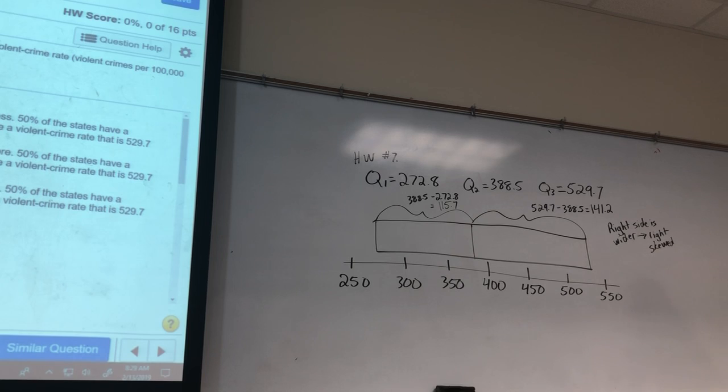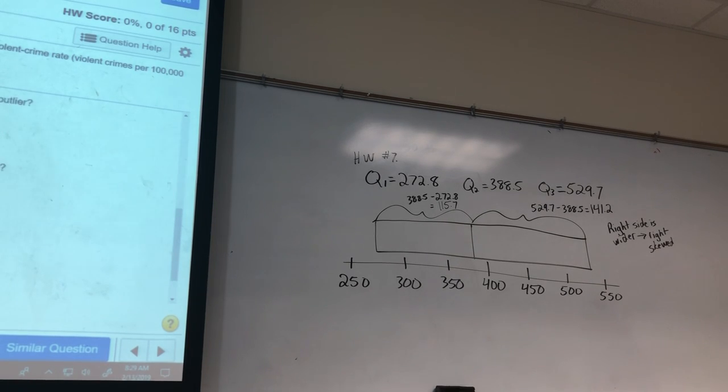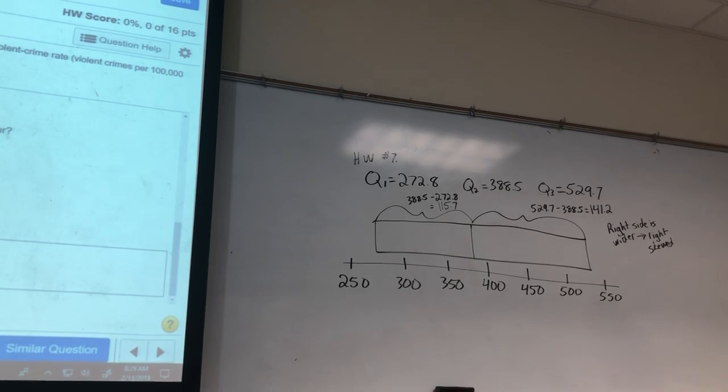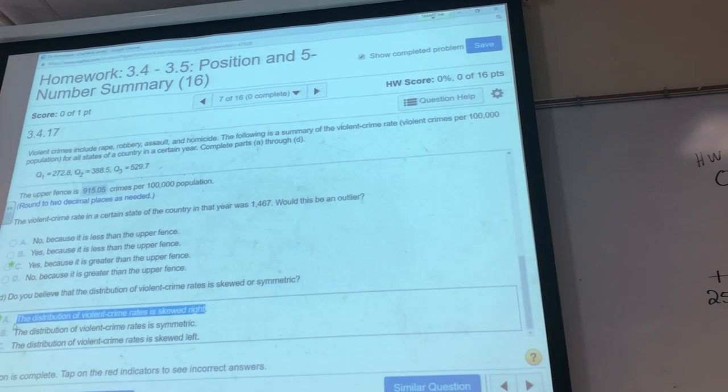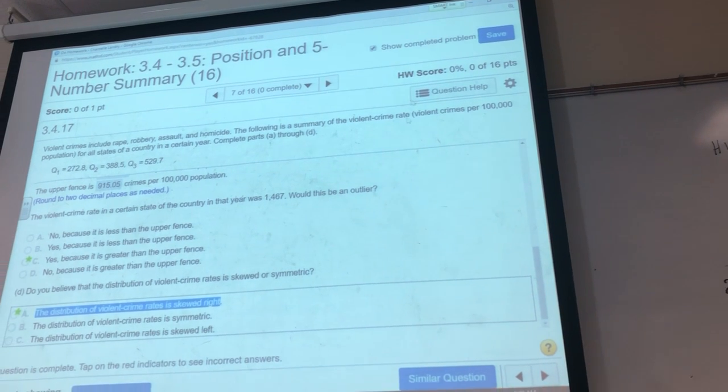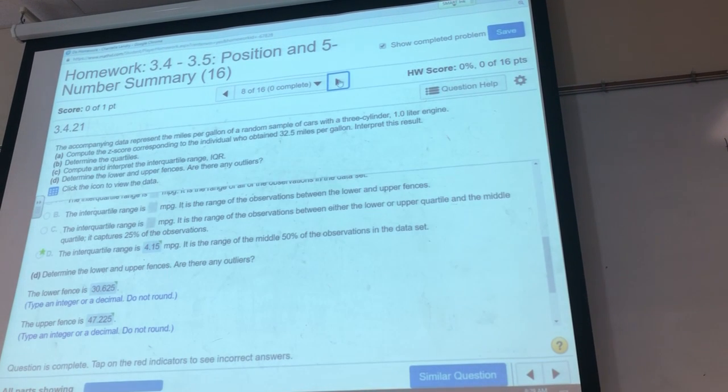So if you scroll down to the last one here, it says the distribution is going to be skewed right, and that's just because if you drew out the boxes, the right part of the box would be wider than the left side. That's one of the problems that come up with this skewed thing. There's another one. Let me try to find it.